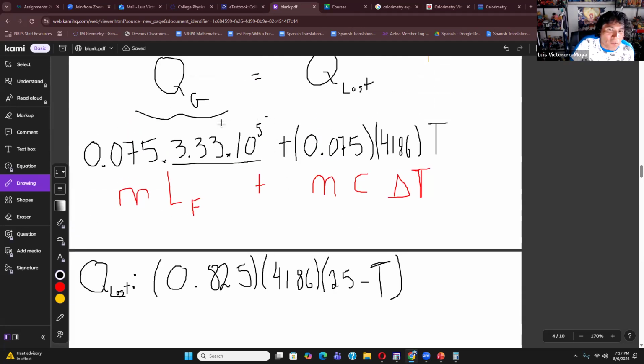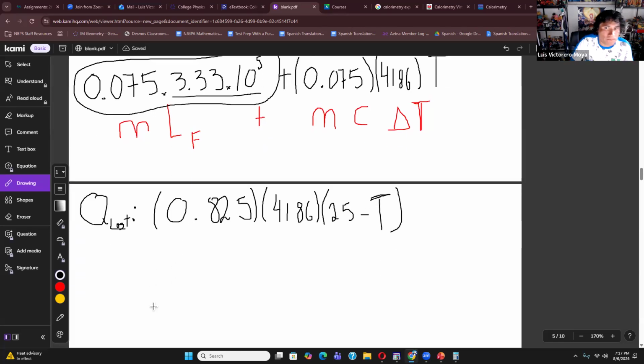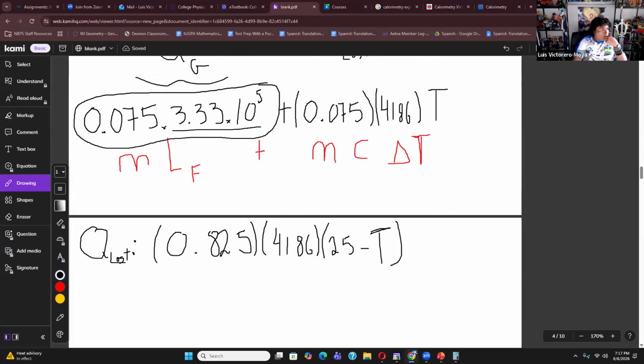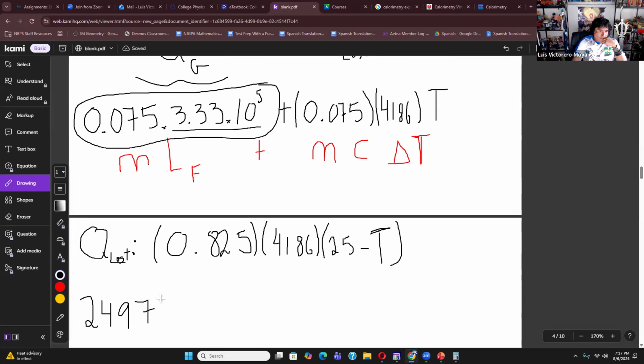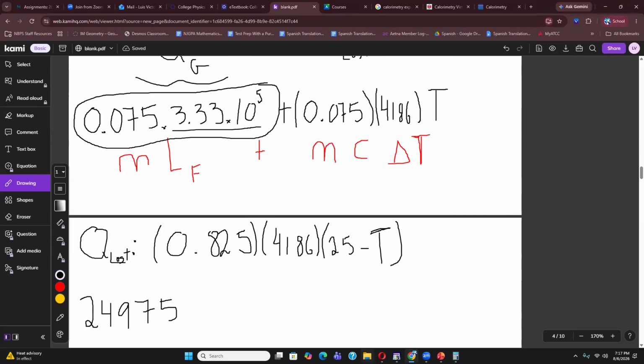Okay, so what's this number here? 2, 4, 9, 7, 5. Like this? Yeah. Okay. That's latent heat of fusion.